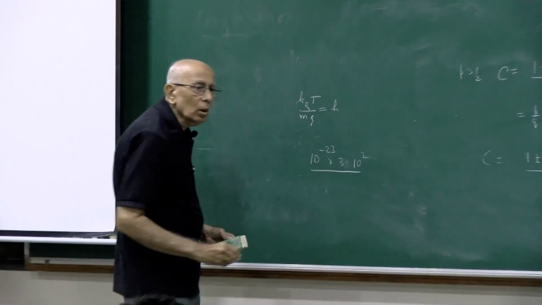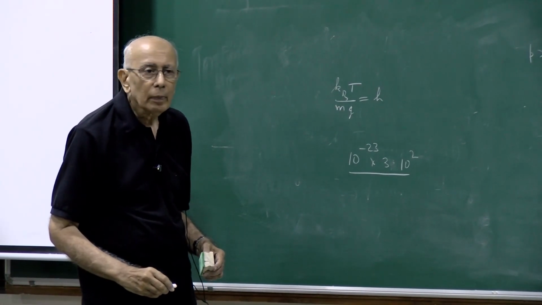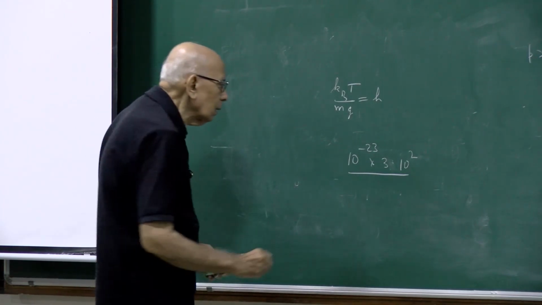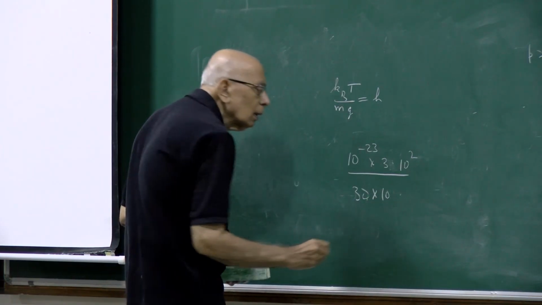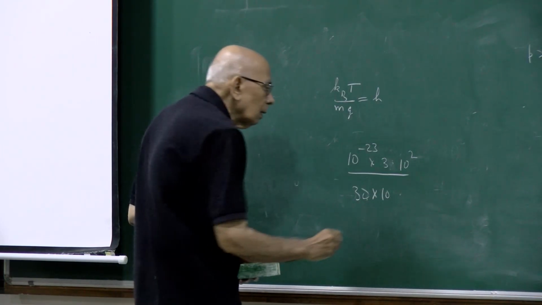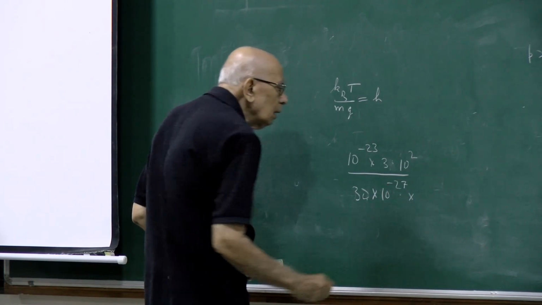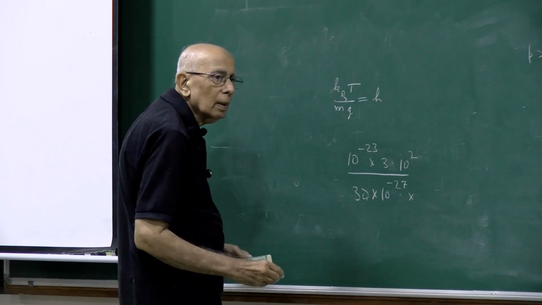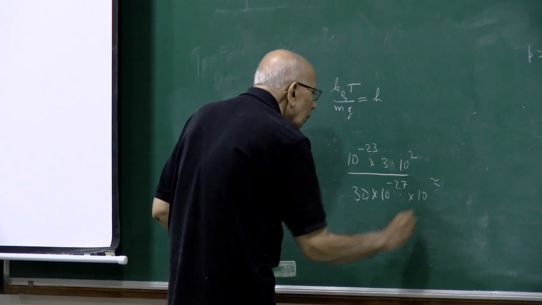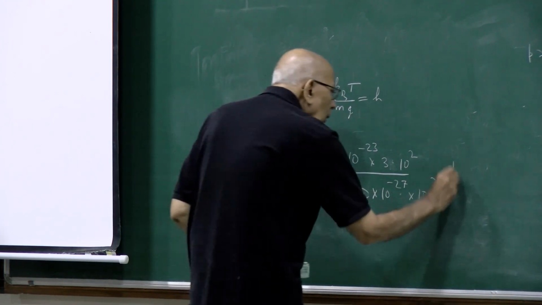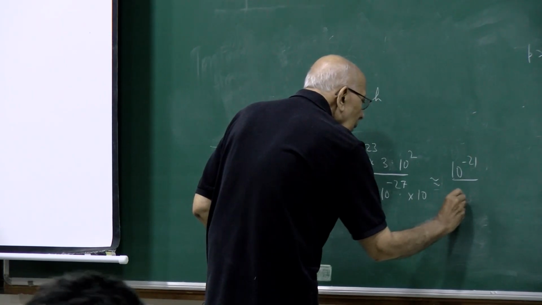Mass of a nitrogen molecule. Molecular weight 28, about 30, times the mass of a proton, 1.6 times 10 to the power minus 27. And g, approximately 10. So this is 10 to the minus 21, or 10 to the minus 25.